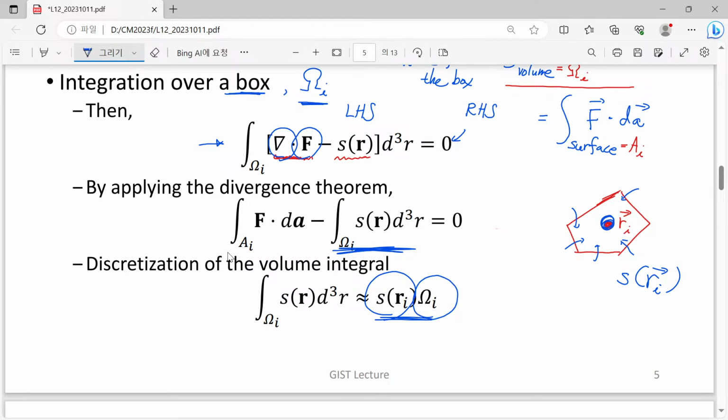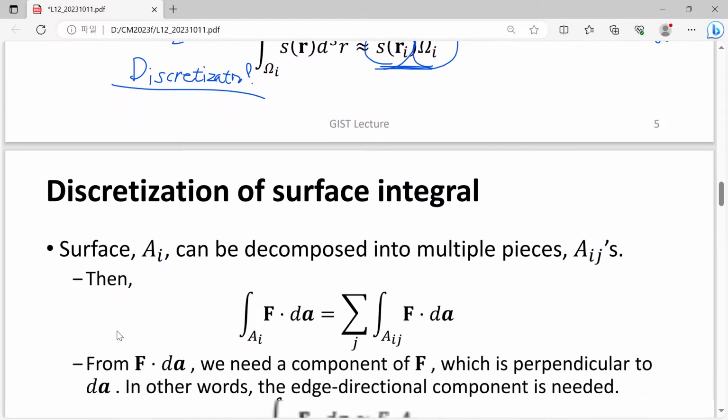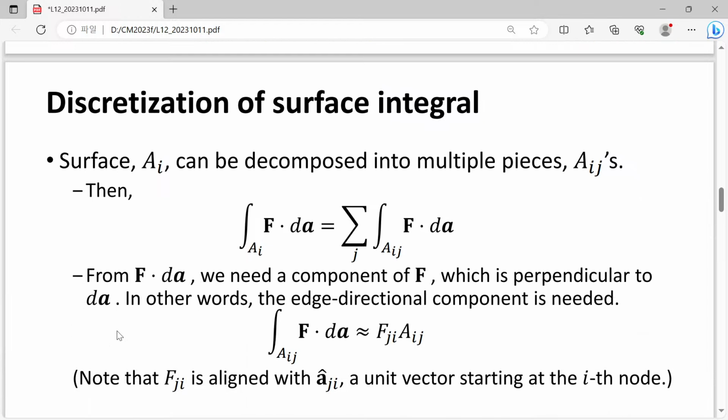Then the remaining task is this one: how can we make a discretization of this one? How can we make a discretized form for the surface integral?